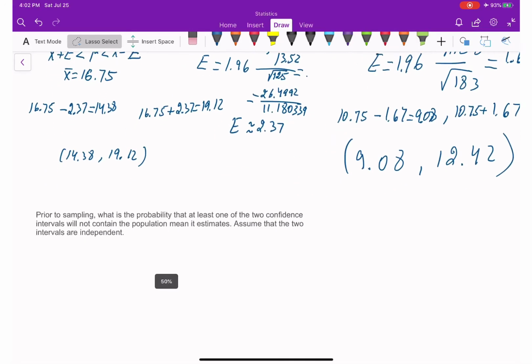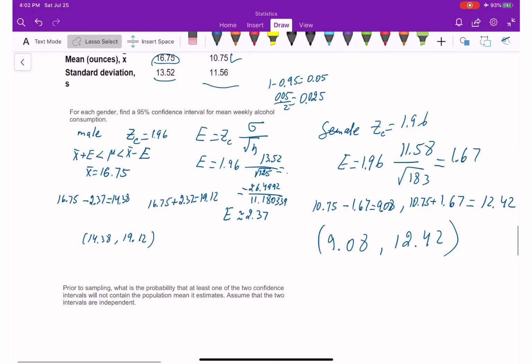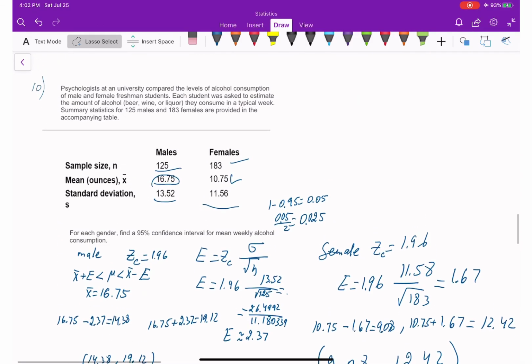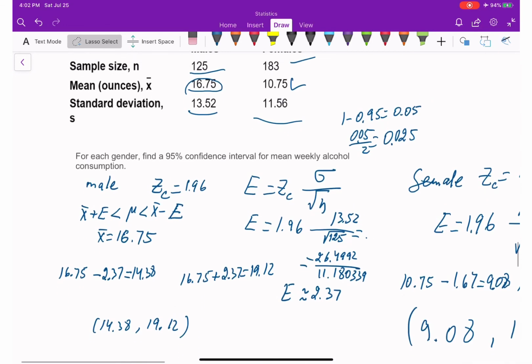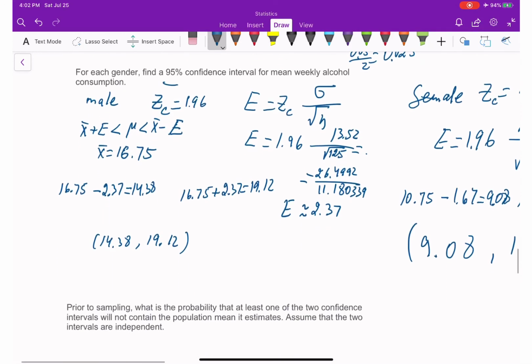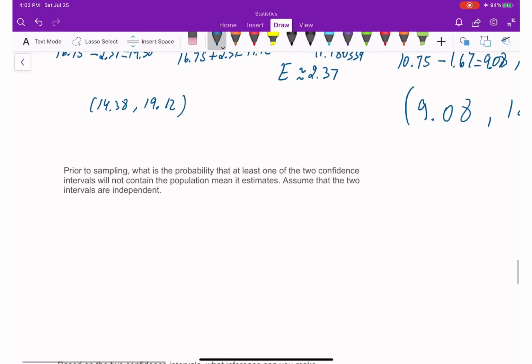So we are going to solve this the following way. Since the confidence level is 95%, right? Here it is, and it's identical for both cases, 95%. So what we're going to do to find the probability that at least one of the two confidence intervals will not contain the population mean it estimates.